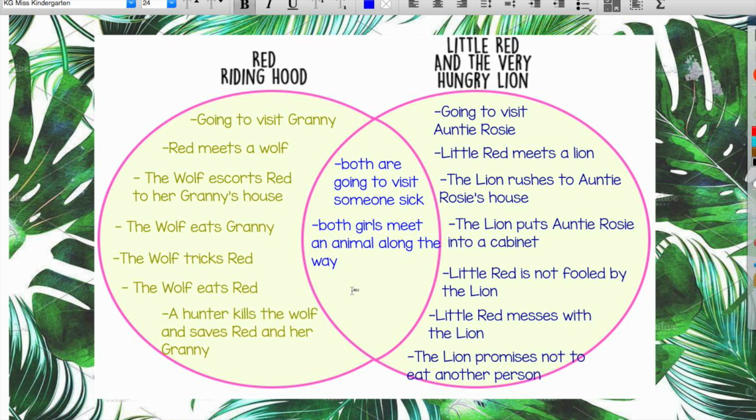Can you think of anything? You're right, both animals try to disguise themselves as the person that the girls are going to visit. So for my third and last similarity, I'm going to write both animals dress up as a person.